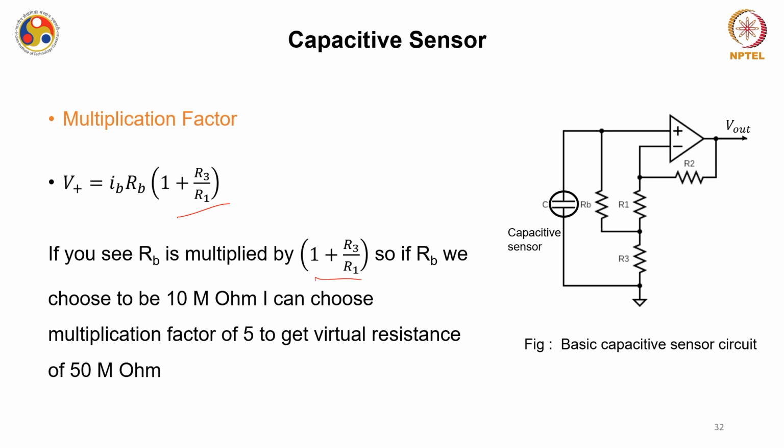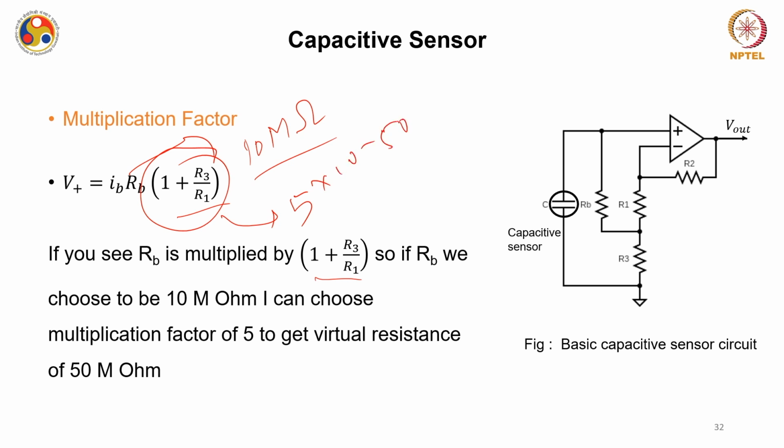Therefore, if you want to achieve a very high resistance, for example, if I choose RB to be say 10 mega ohm, I can choose this 1 plus R3 by R1 to be 5, or the multiplication factor to be 5, so that virtually I am able to achieve 5 into 10, or 50 mega ohm resistance. However, you cannot keep on increasing this multiplication factor, and usually this is kept below 10 for practical applications.